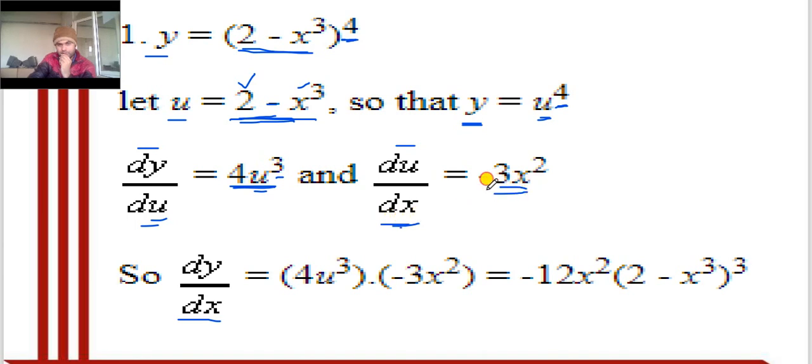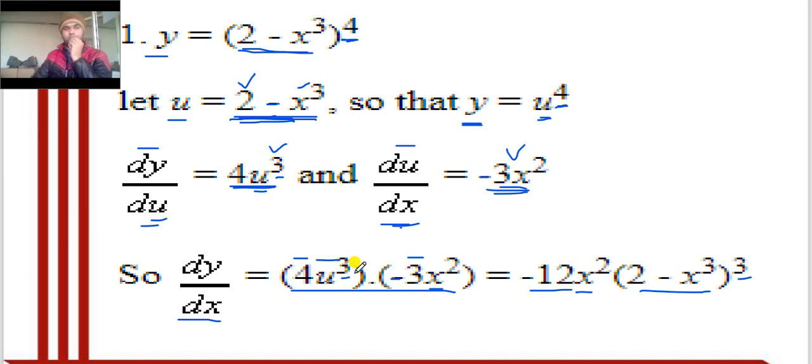Multiplying both, 4 times 3 is 12, with the minus it is minus 12 x square, then u to the power 3. U is 2 minus x to the power 3, so we write (2 minus x to the power 3) to the power 3, putting the value of u in place of u. So this is a simple question.